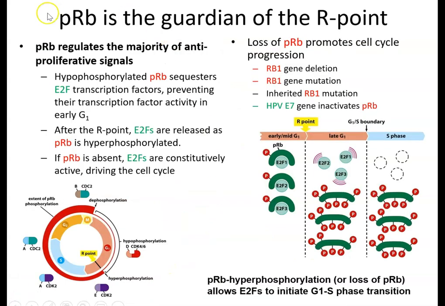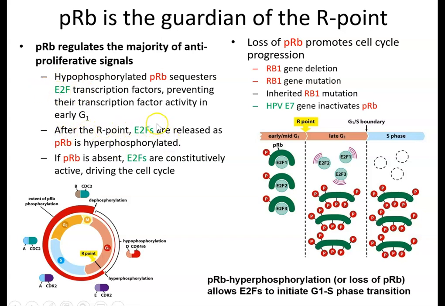So just a reminder of what retinoblastoma protein does. It's the guardian of the R point. Retinoblastoma regulates signals to allow cells to go from early G1 through to late G1 and into S phase. Hypophosphorylated retinoblastoma sequesters E2F transcription factors. These transcription factors drive S phase.